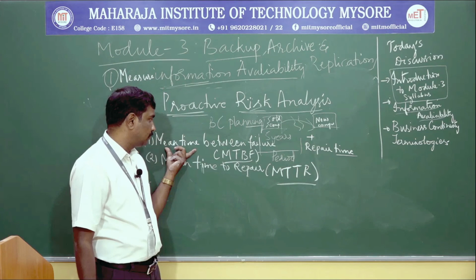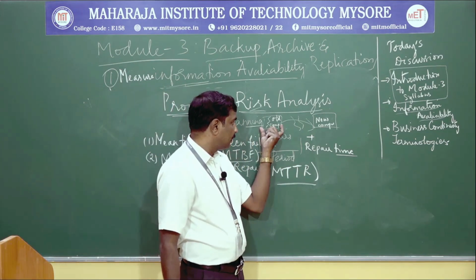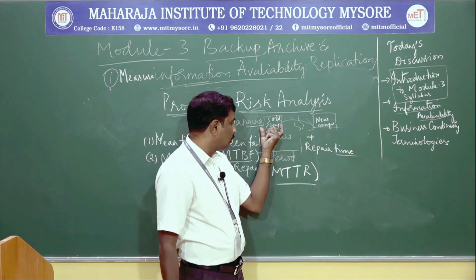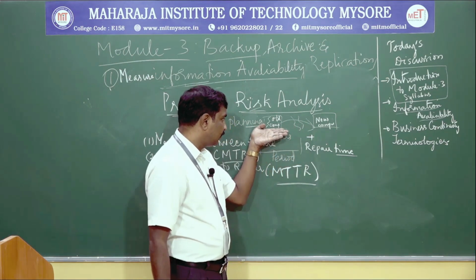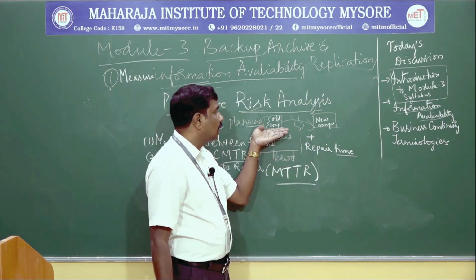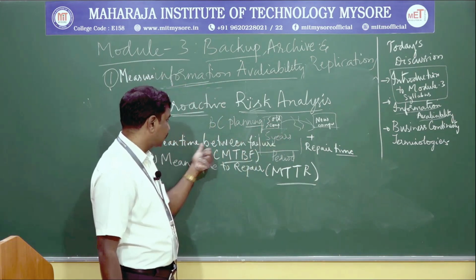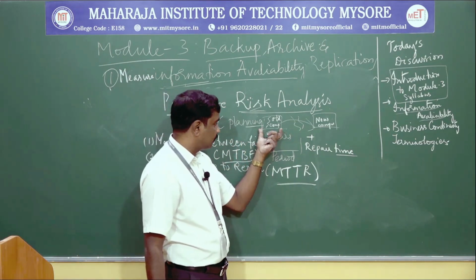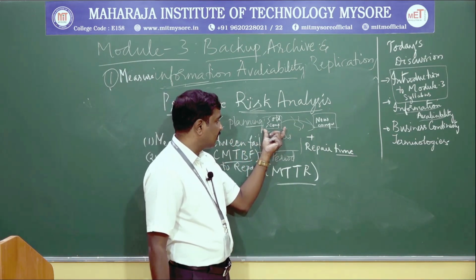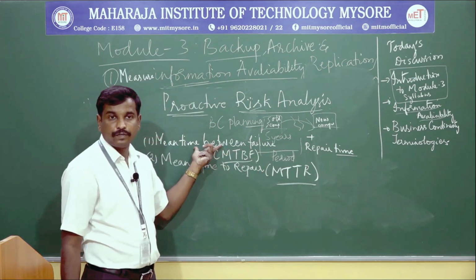It means till what time the components are functioning well before going to the failure state. That functioning time is called the mean time between failures. The time before going to degradation, when the component is in the active time, is nothing but the mean time between failures.